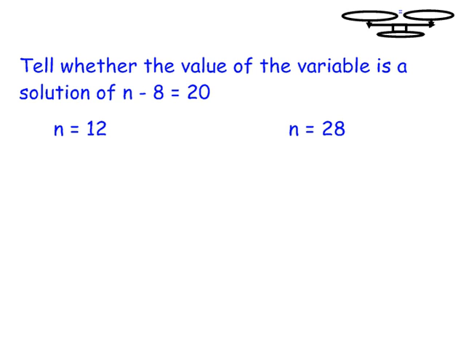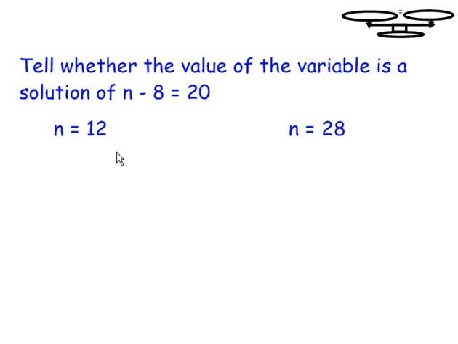Okay, we're at the top of page 27, and we're looking at this problem. Tell whether the value of a variable is a solution of n minus 8 is equal to 20. They want us to check two possible solutions. The first is n is equal to 12, and the second is n is equal to 28. Let's look at our first one. N minus 8 is equal to 20 when n is equal to 12.